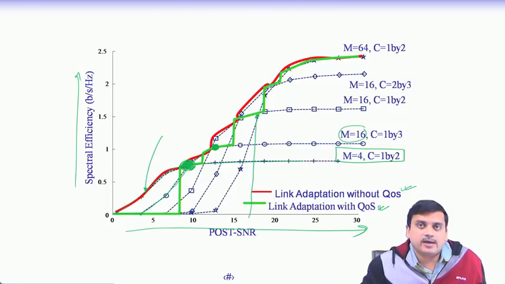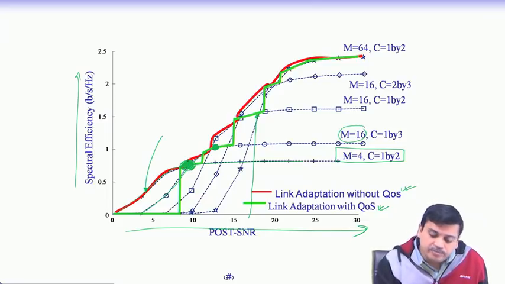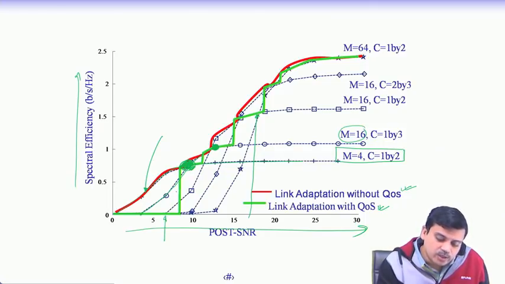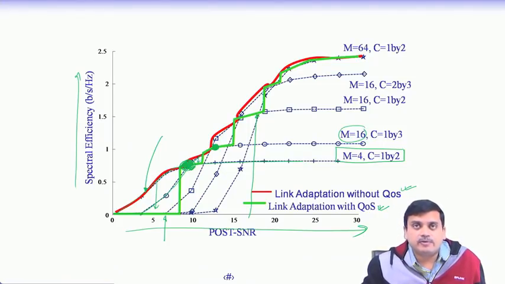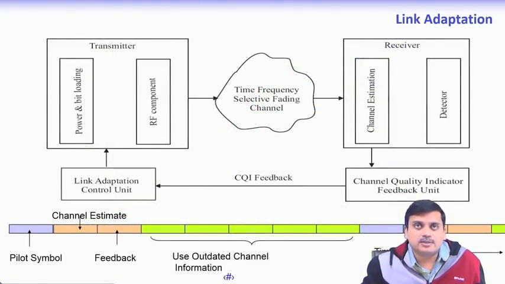So, one can get higher and higher error probability, but if one maintains the QoS, then the spectral efficiency at a particular SNR is lower compared to what one would otherwise get, but one would maintain the desired error probability performance. So, these are some important things which happen in these modern communication systems, and one has to remember this.